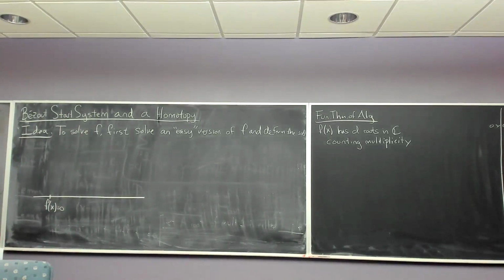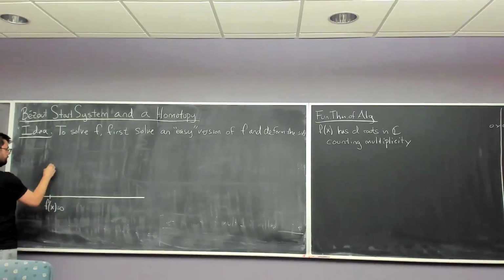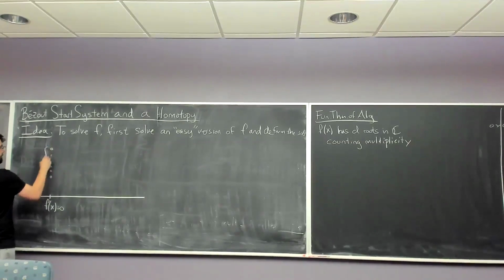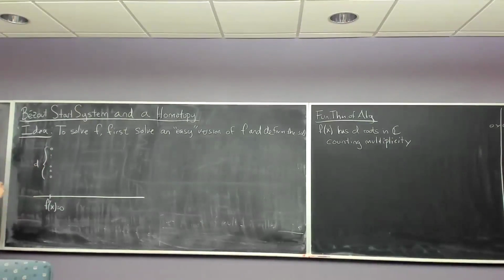Here we have f of x equals 0, and there are some d solutions in the complex plane. I can imagine these d dots living in the complex plane.